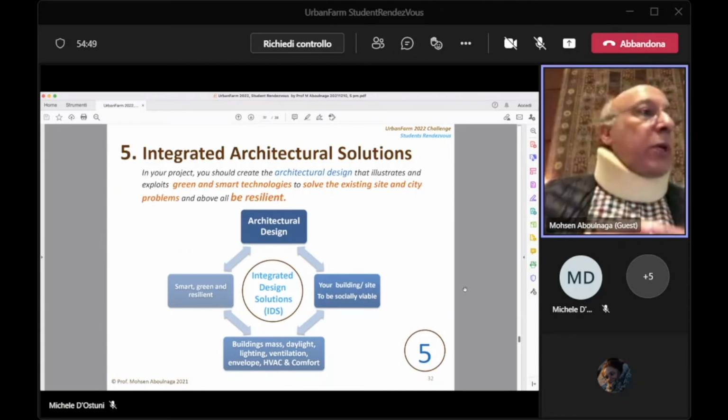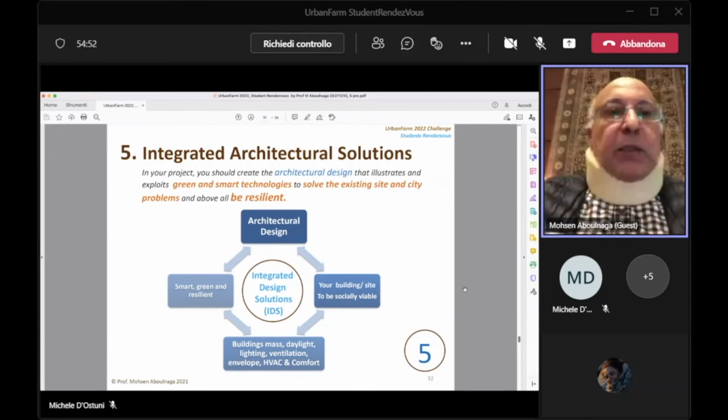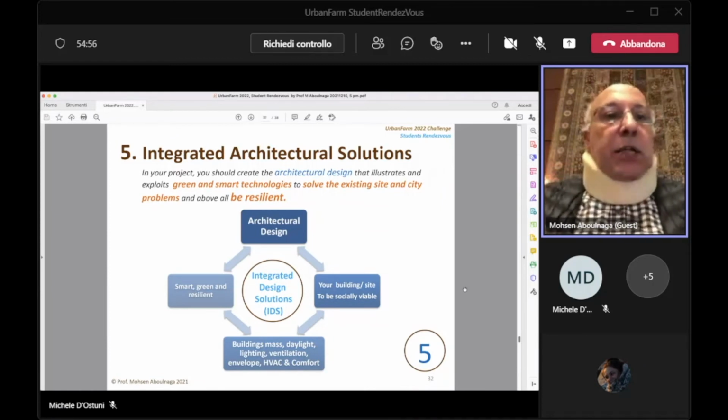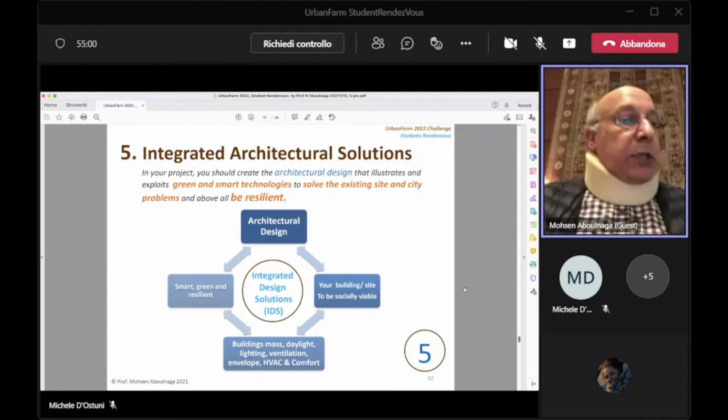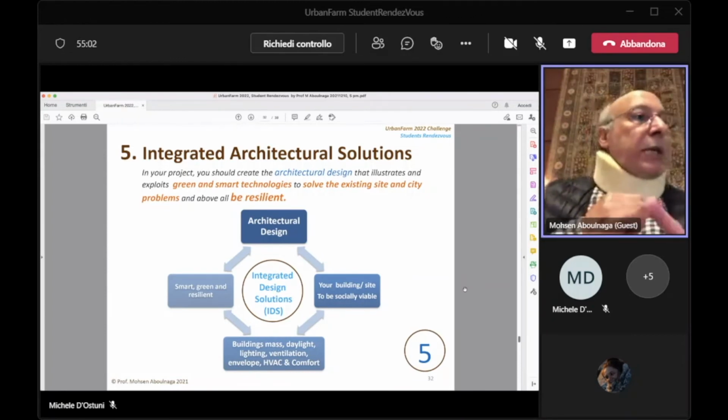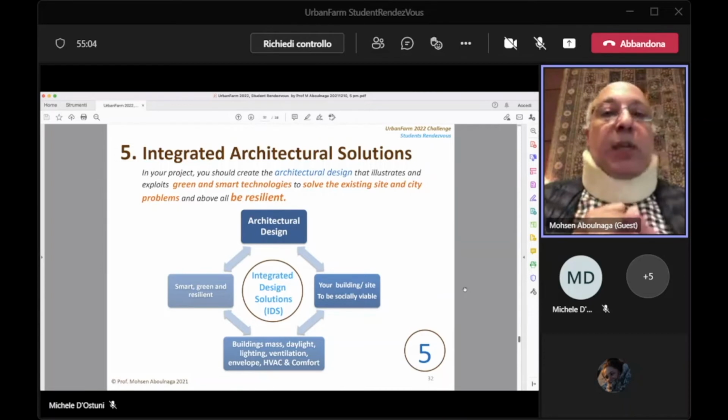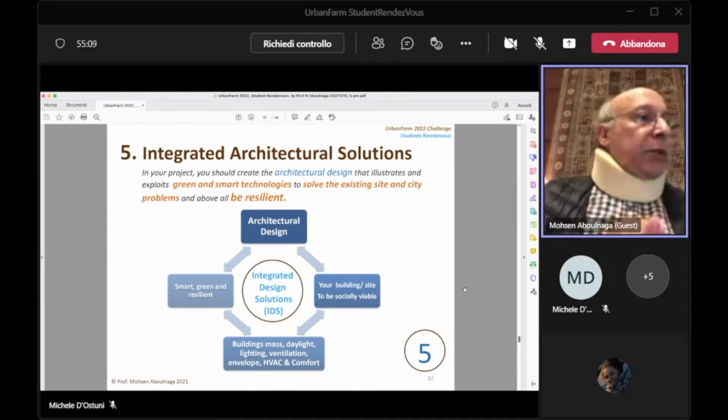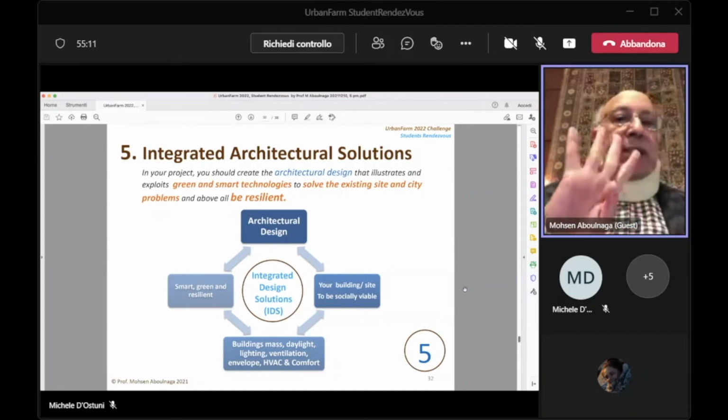Above all, make sure that your site is resilient amid the COVID-19 crisis as well as climate change, and show how you bring about climate neutrality in your design. That will, in summary, be integrated design. To do that, you need to think about the integrated design solution. You can search about it. They have 6 dimensions.